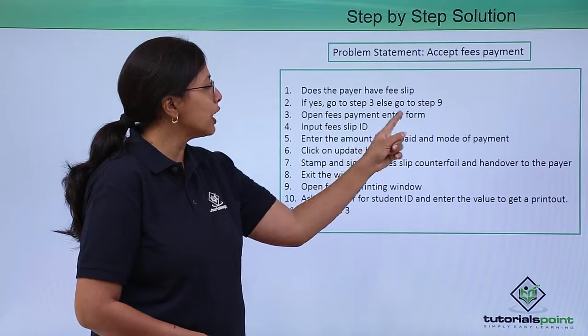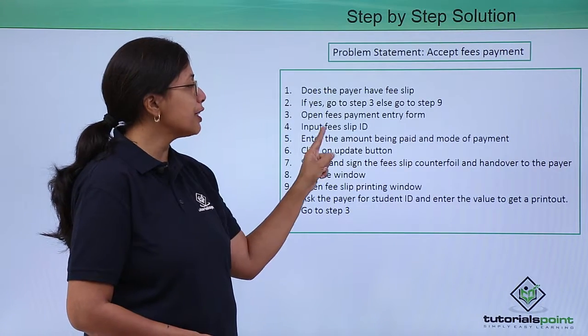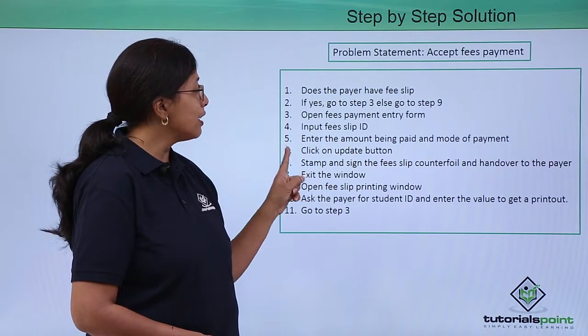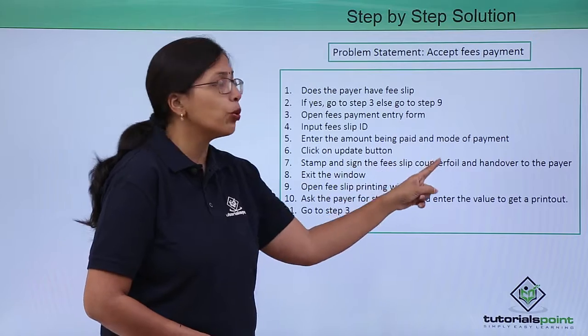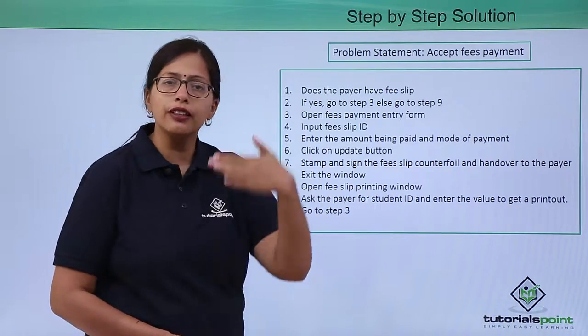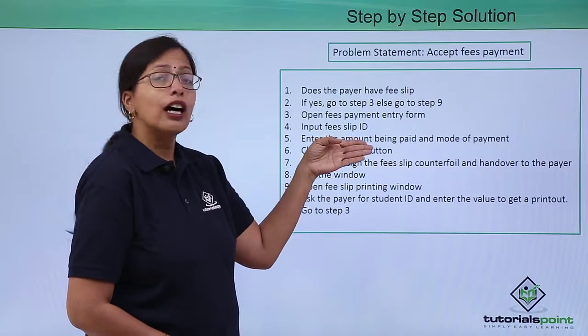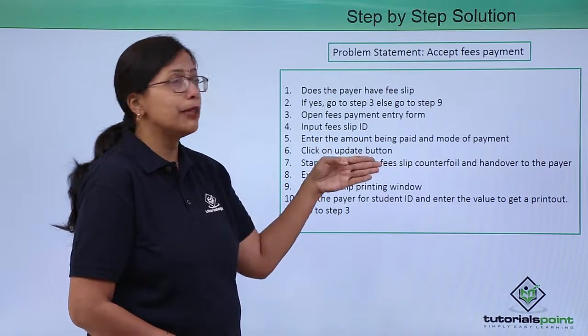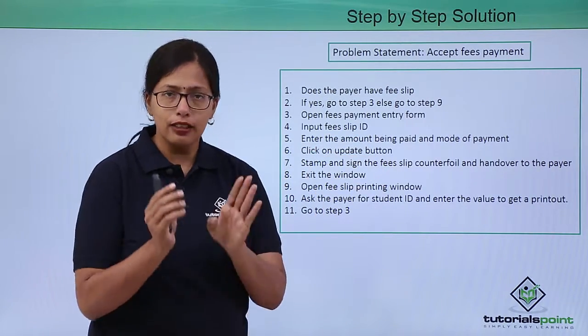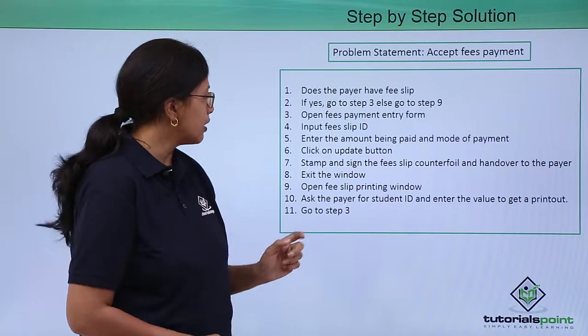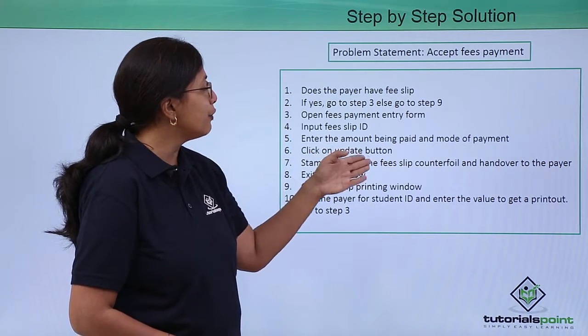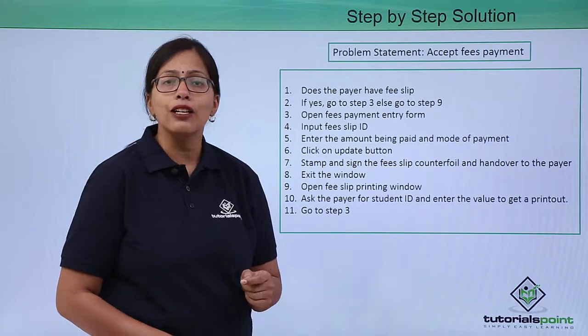Open fees payment entry form, input fee slip ID, enter the amount being paid and mode of payment. So, you have taken the ID, entered it and then you will take the amount. Click on update button. You have to update that the fees has been paid. Stamp and sign the fee slip counterfoil and hand it over to the payer.